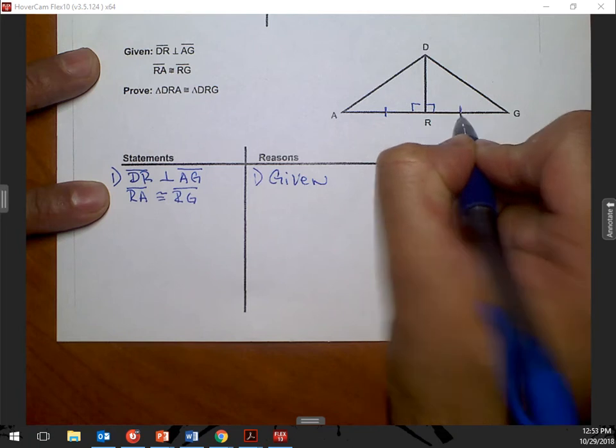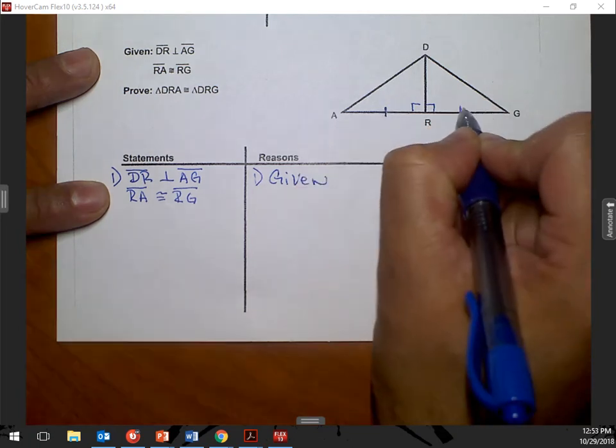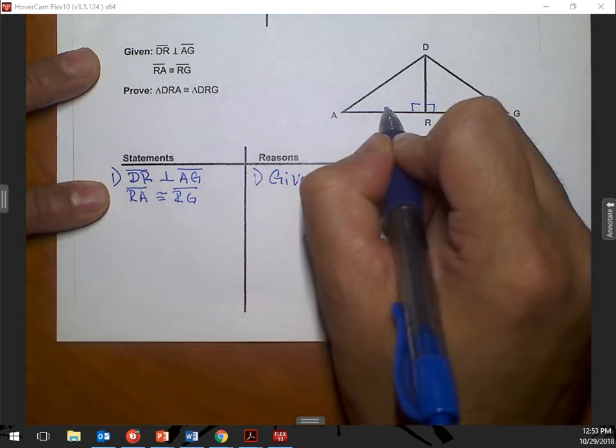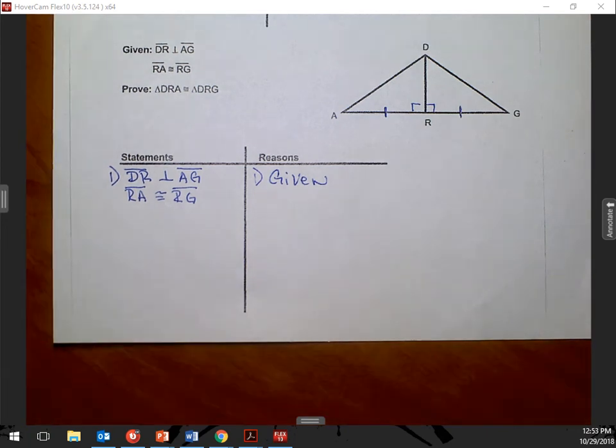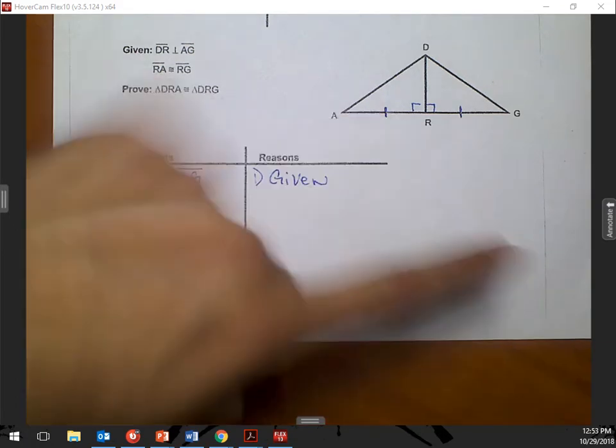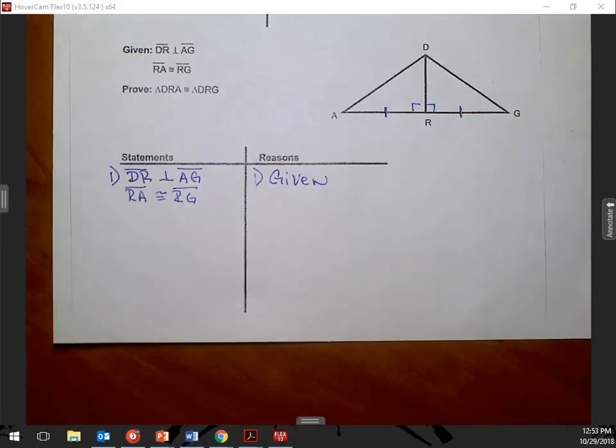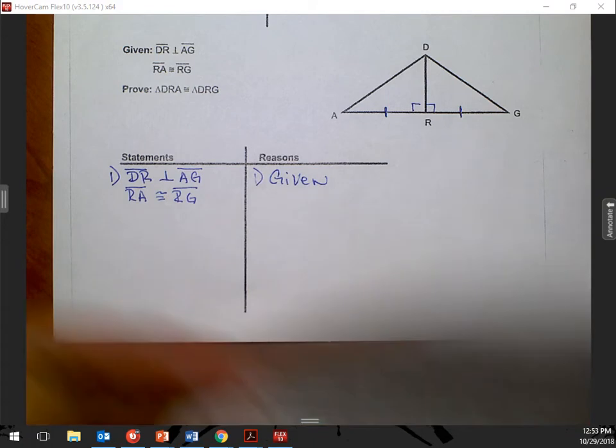One tick mark, because I only have one side right now, right? So this side is congruent to that side, so that one gets 1, that one gets 1. If I prove another one to be congruent, I'm going to give it 2.